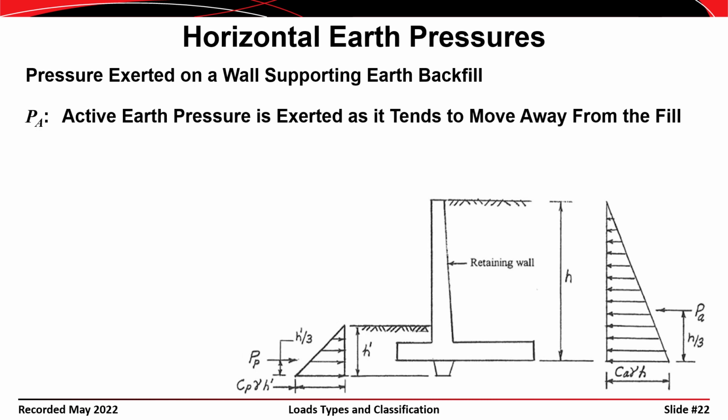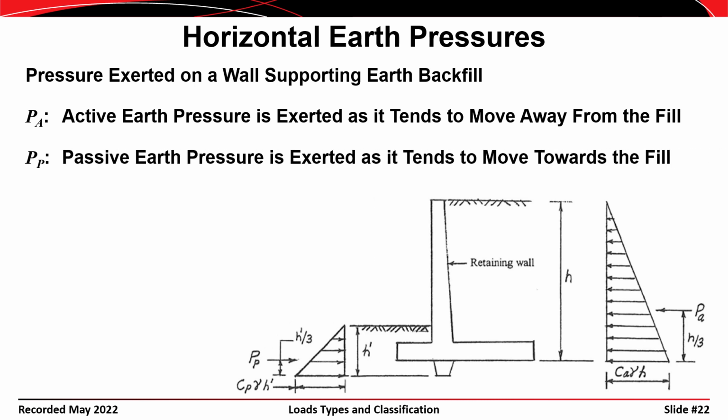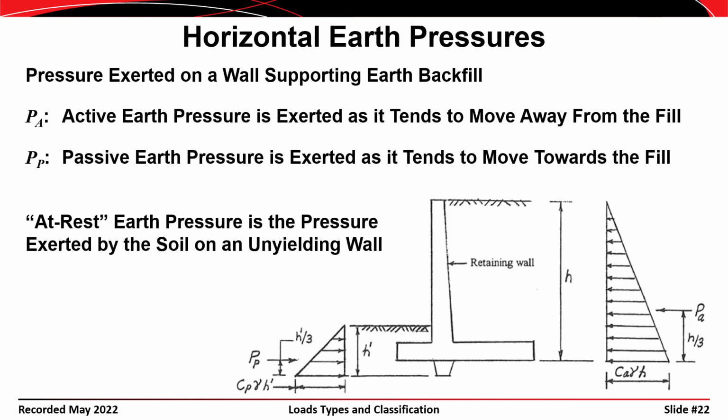So as such, the pressure on the right side of the wall is an active pressure because the wall is moving away from that soil. And the pressure on the left would be a passive pressure, as the wall would be moving towards that soil. So the active pressure tends to be a lot smaller than the passive pressure. And again, an at-rest earth pressure is a pressure exerted by the soil on an unyielding or unmoving wall.